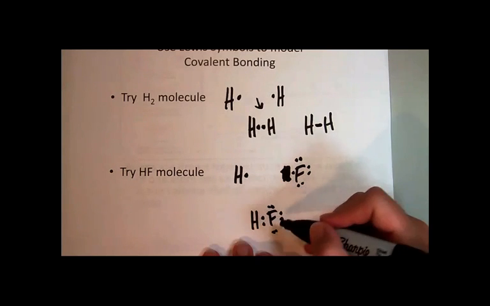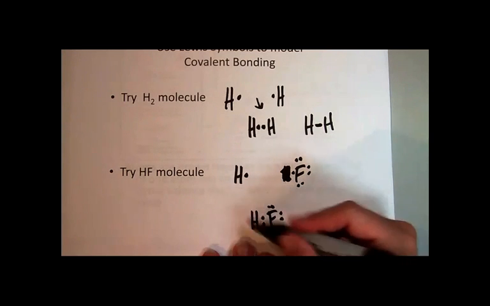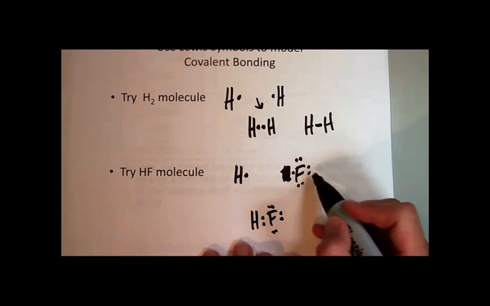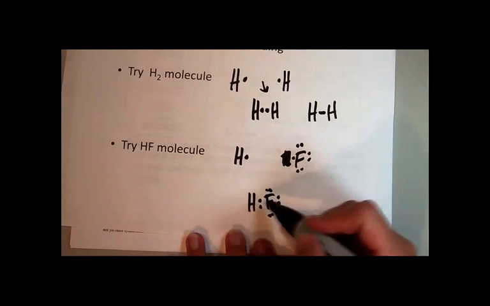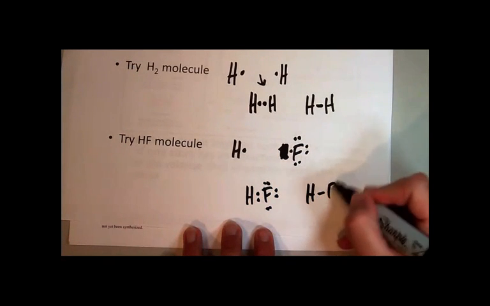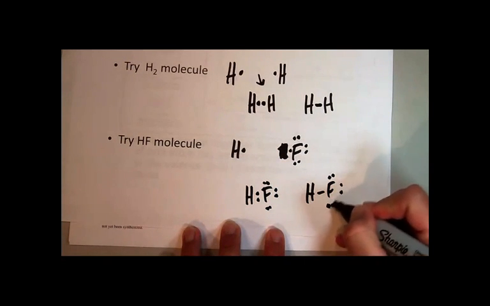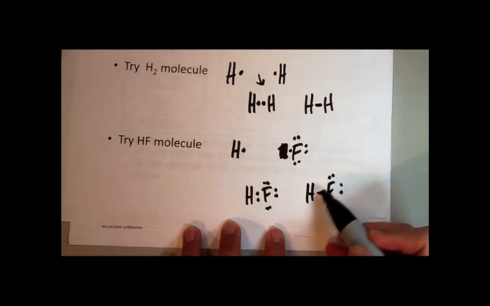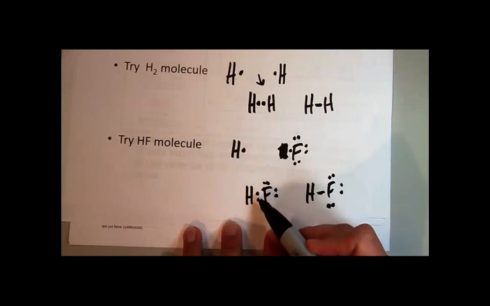Collectively, this molecule is going to be in a lower energy state than this atom by itself or this atom by itself, and so it's going to stick together. I can draw it like this. And again, this dash is just modeling this shared pair of electrons.